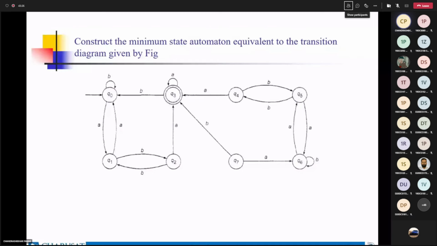Students, please reply fast. We have to prepare the minimum state automata here. If you have not understood, then please tell me.